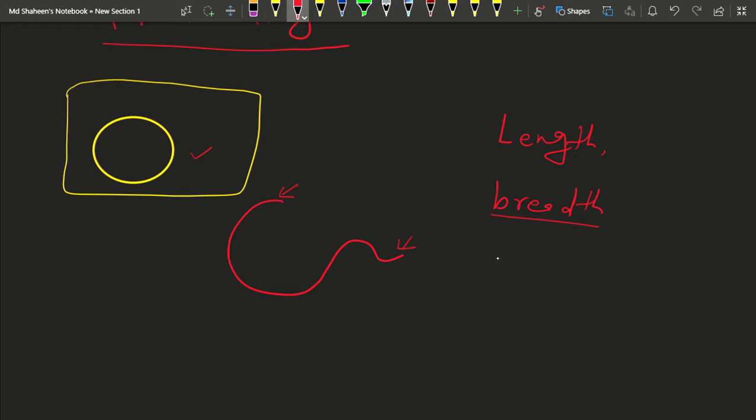A plane figure is made up of either lines or curves or both. So we can make any plane figure using lines, or we can use curves, or we can use both. Now to the next point.